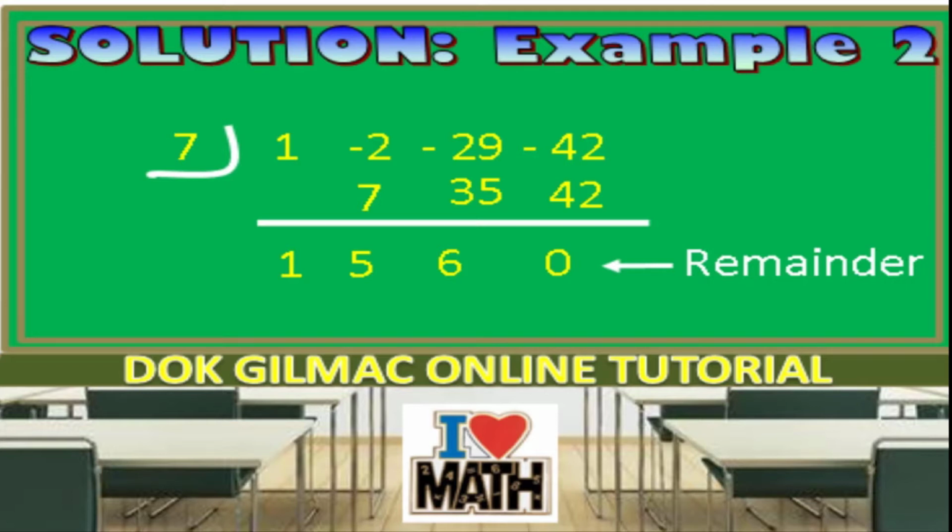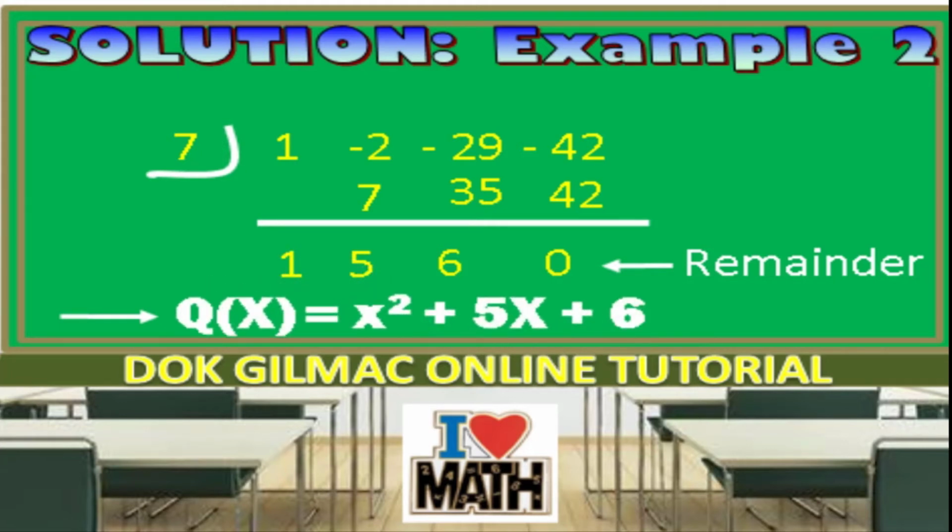And 5 here is the numerical coefficient of the variable x, and 6 here is the constant term. So therefore, the quotient of P of x and D of x is simply x squared plus 5x plus 6. So take note of that.